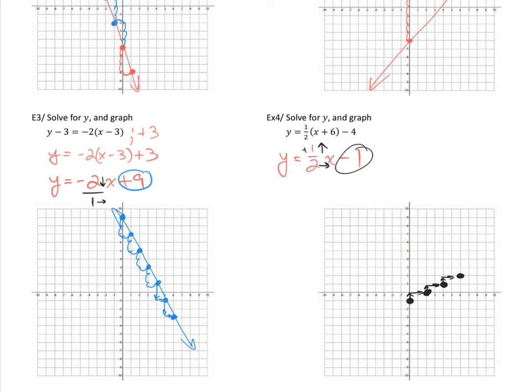And just to go in the opposite direction, I'm going to go down 1, left 2, plot a point. And you can see that while I follow this pattern of down 1, left 2, all of these points look like they are on the same line. So there is the graph of this last equation in example 4.